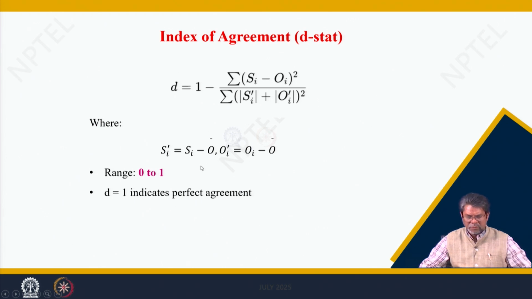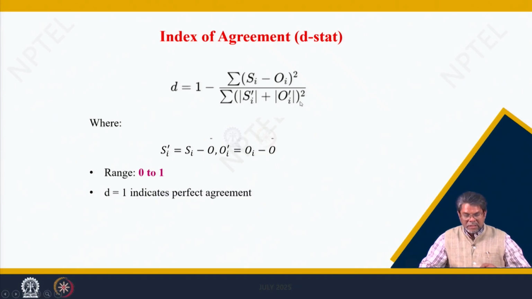SI is the simulated value, OI is the observed value, and O bar is the mean of observations.